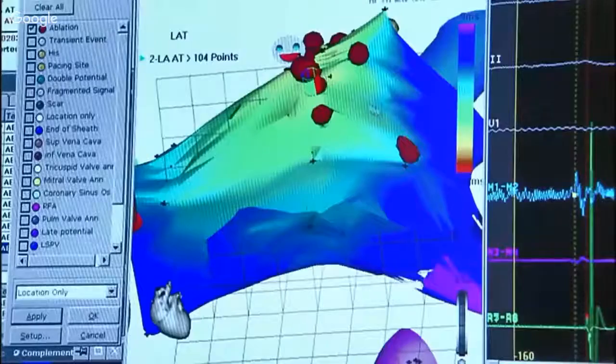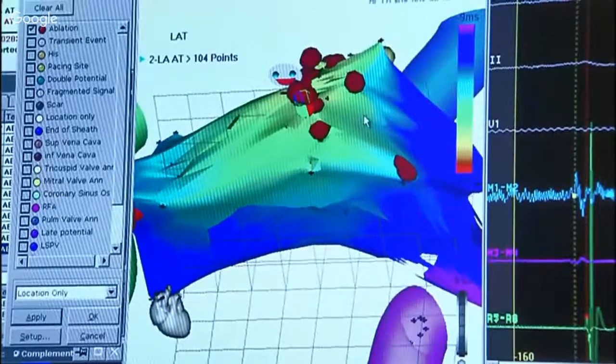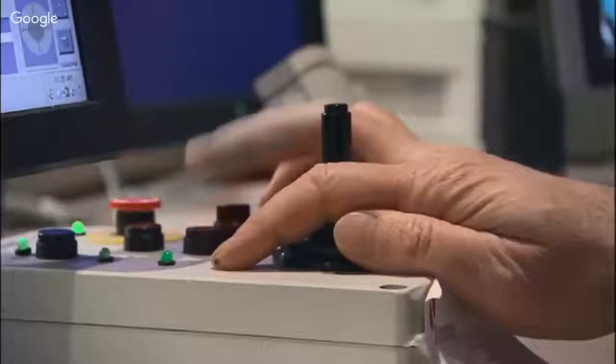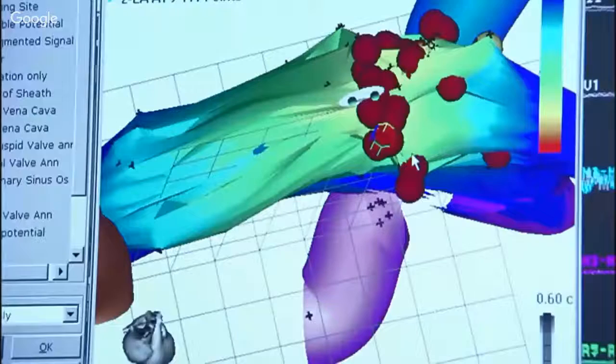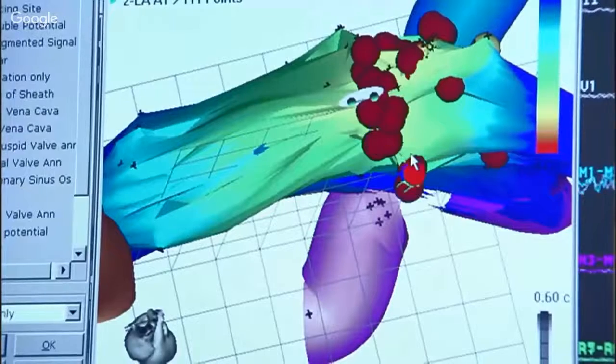The nature of what we can do in electrophysiology is a little different than other areas of cardiology. Coronary disease, for instance, you're never quite done with it. With heart failure, you're never quite done with the disorder. With many of the rhythm disturbances with which we deal, you're done. You can be completely cured of this.